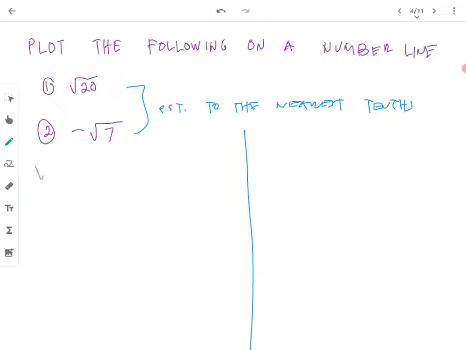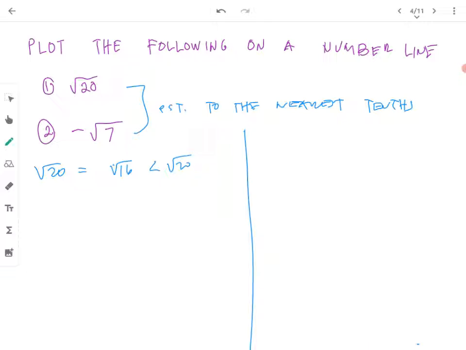So square root of 20, okay? This is between 4 and 5, because that's square root of 16 and square root of 25.